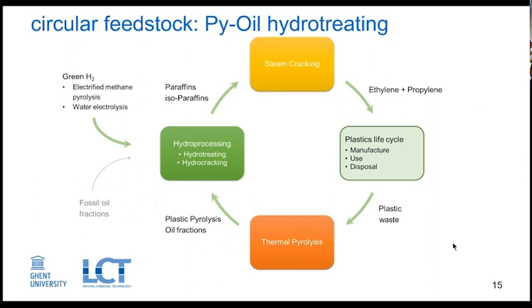There are some challenges involved in this concept, such as the different contaminants that could exist in the plastic pyrolysis oil, and also the difference in molecular composition. For example, the amount of olefins present in plastic pyrolysis oil is much bigger than in fossil fractions.